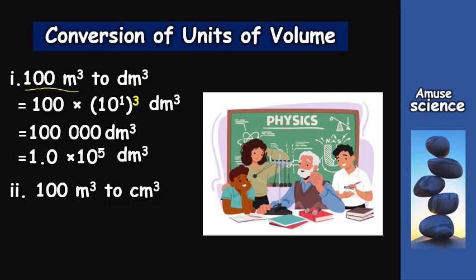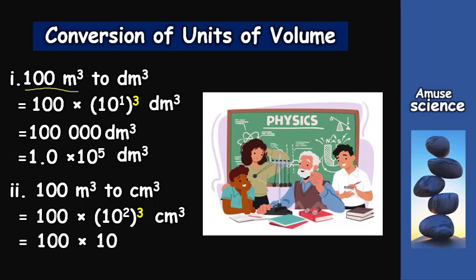So here, what we are supposed to do is to introduce our centi into our final answer. And so we are going to have 100 times 10 exponent 2 all exponent 3. And this converts our answer to centimeter cube. Applying indices, we are going to have 100 times 10 exponent 6 cubic centimeters. And converting it to standard form, we are going to have 1.0 times 10 exponent 8 cubic centimeters.